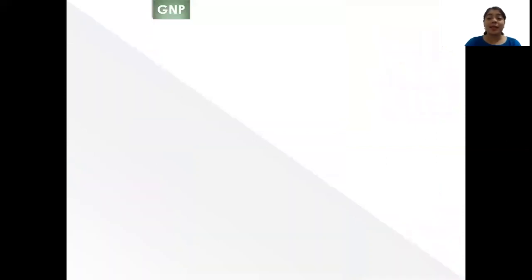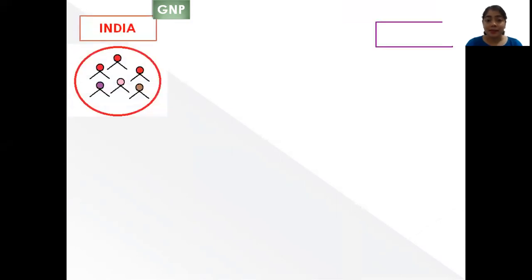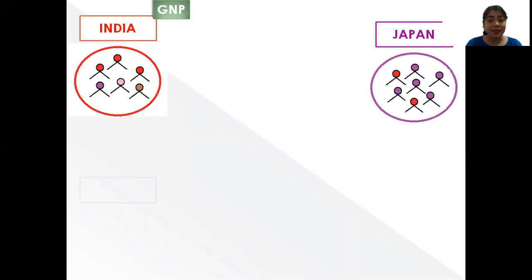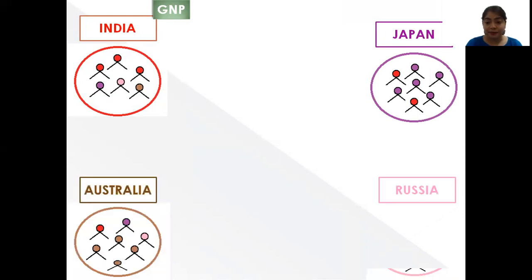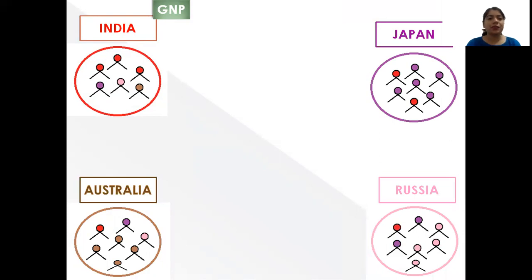The next is GNP, the gross national product. It is based on the contribution of the residents, whether they are contributing in the home country or they are contributing in the boundary of other countries. So, as we have four countries: India, Japan, Australia, and Russia. Now, here we will talk about the residents of India.